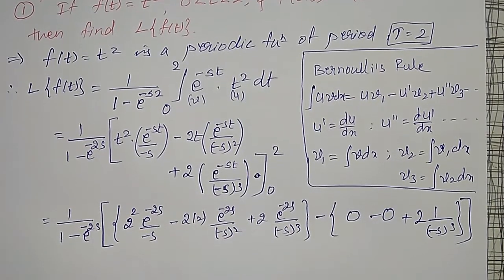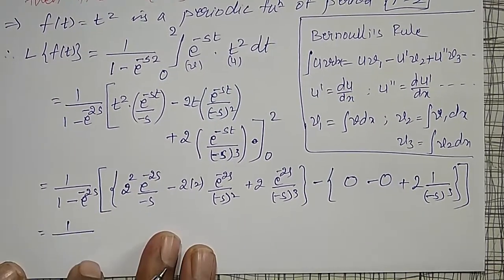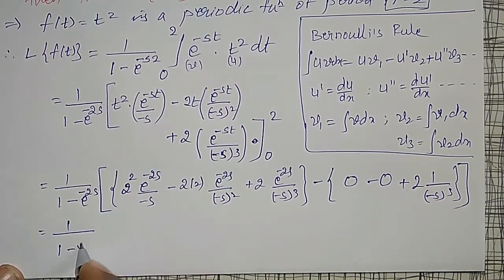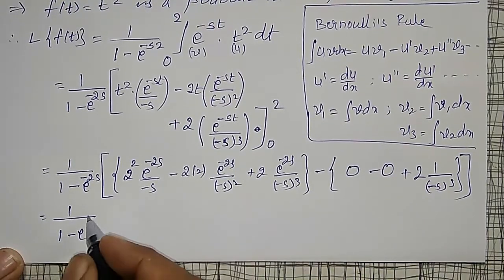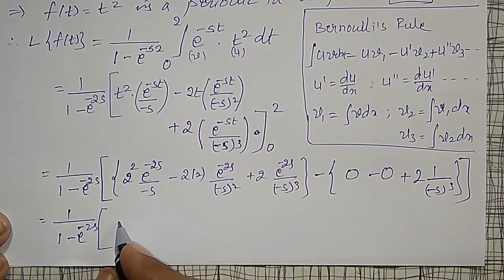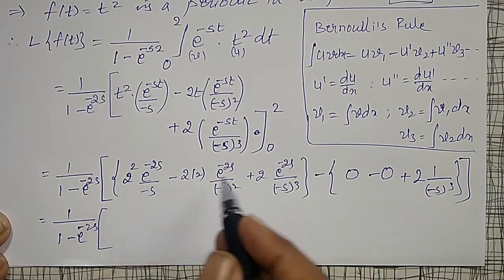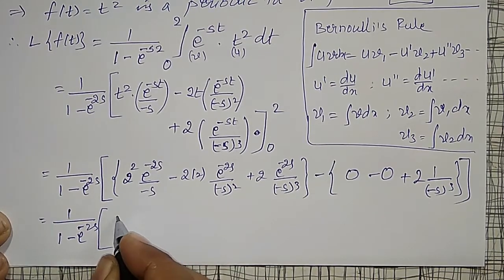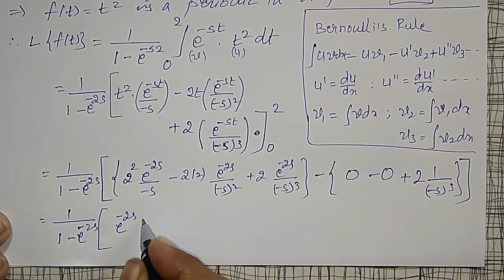Simplifying this, I am going to get my required answer. That is 1 divided by 1 minus e to the power minus 2s into bracket. From all these terms, we can check that e to the power minus 2s is common.